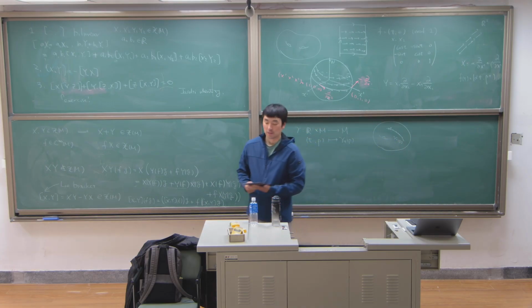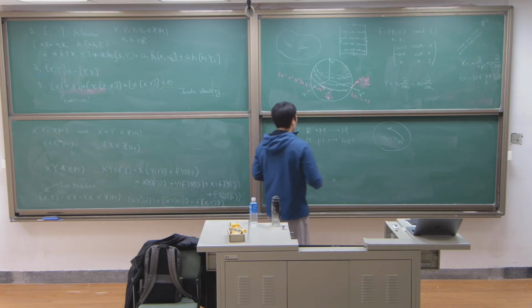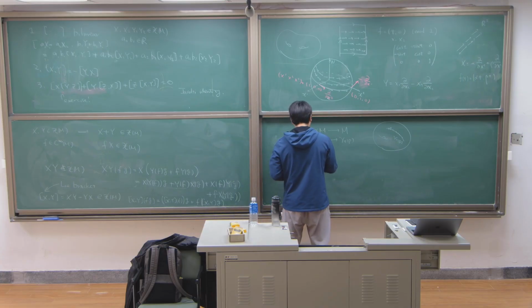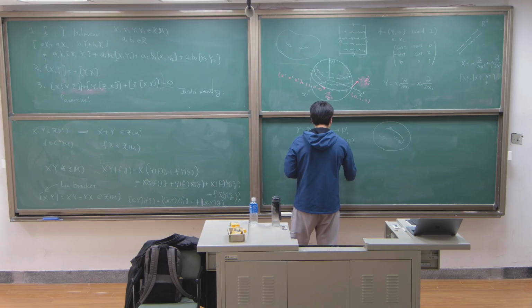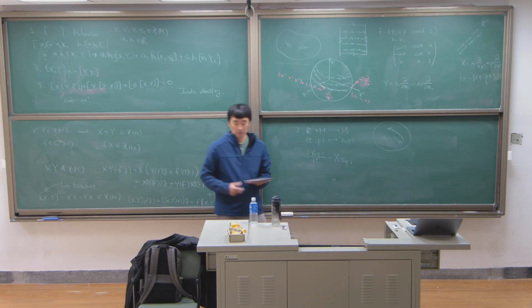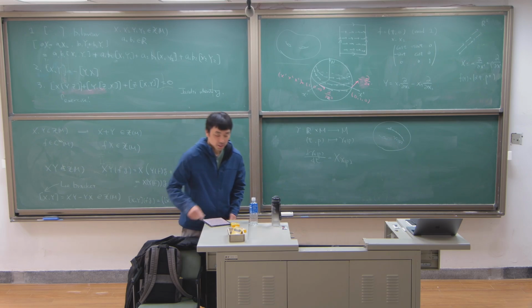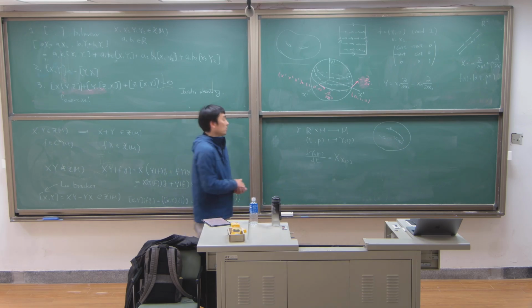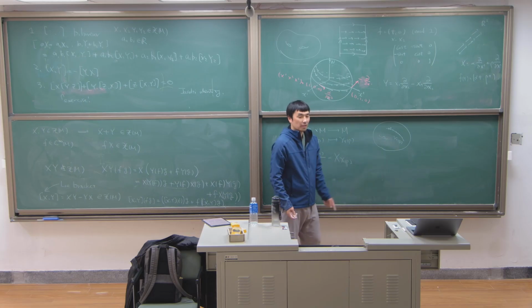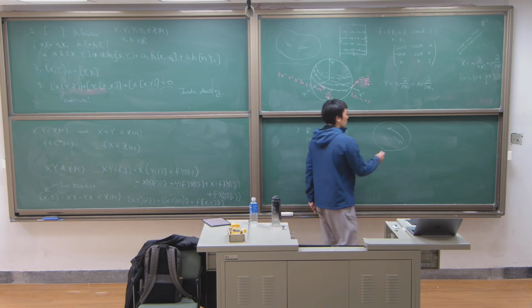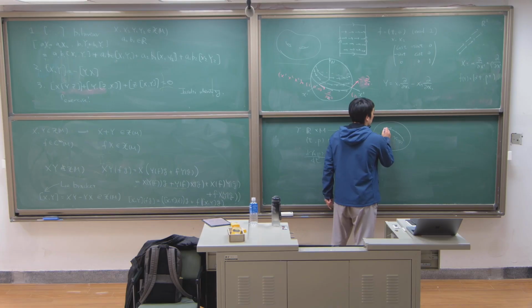The definition is given by the derivative of gamma at t. A tangent vector can be defined by taking the derivative of the curve.